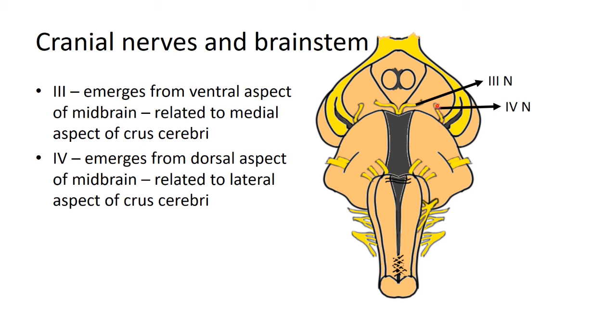So remember, the third nerve emerges from the ventral aspect of the midbrain related to the medial surface of crus cerebri. The fourth nerve emerges from the dorsal aspect of the midbrain related to the lateral surface of crus cerebri.